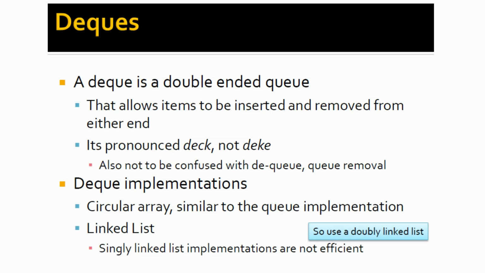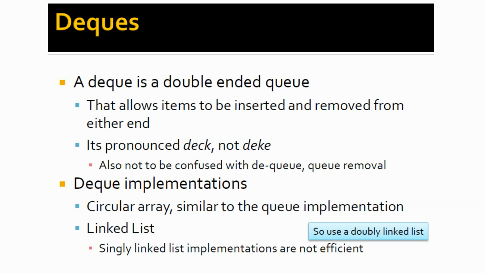So we already discussed what a stack is and what a queue is. You remember that stacks are abstract data types. It's a container of data where you can only insert and remove data from one end, which we call top.